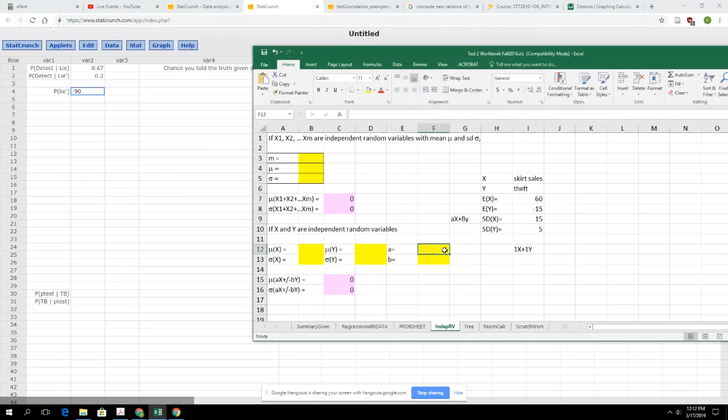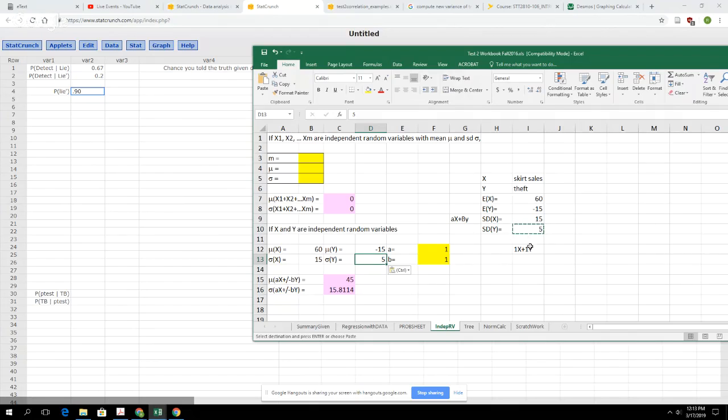So my a is 1, b is 1, my mean of x is 60, my standard deviation in x is 15, my mean of y is -15. And so when I set them up like this, I can just copy them down. It's kind of nice. All right, and here's my new standard deviation and variance.